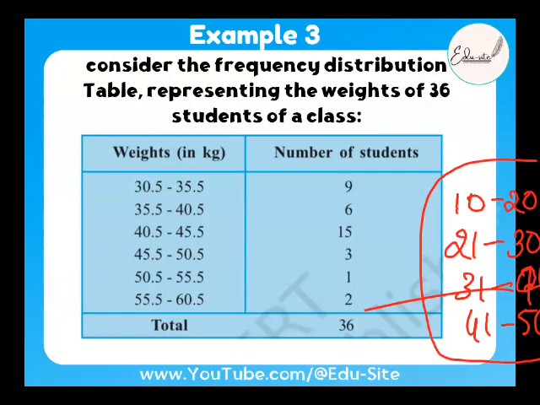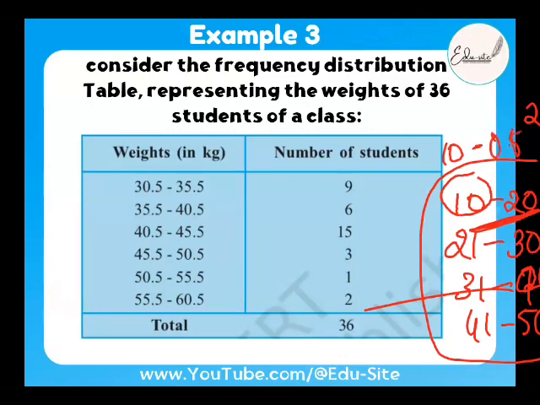First you look at the difference: between 21 and 20, 21 minus 20 gives you 1. 1 is the difference. Then what you have to do for the lower limit is, do we add or subtract? We subtract, right? 10 minus half of this, half of 1. What is half of 1? 0.5.